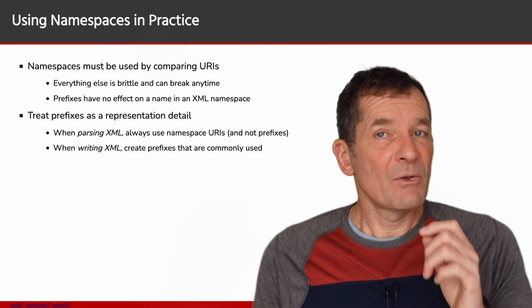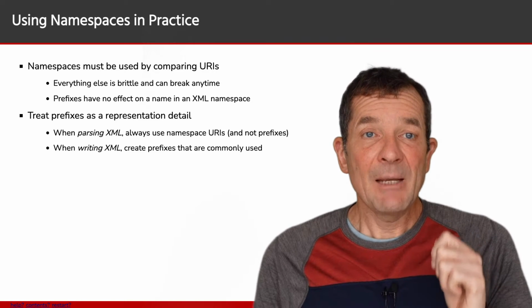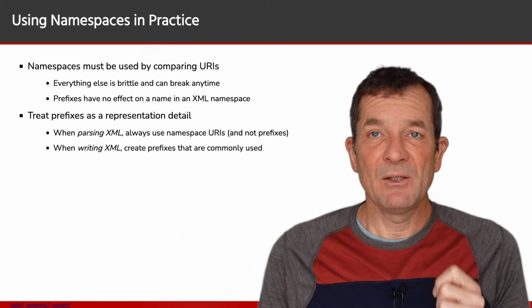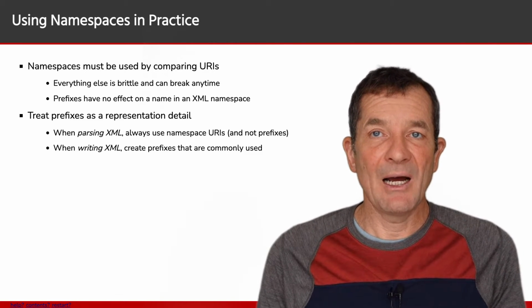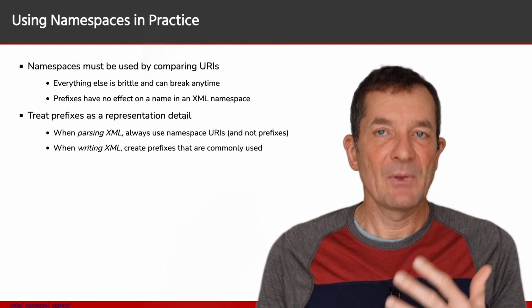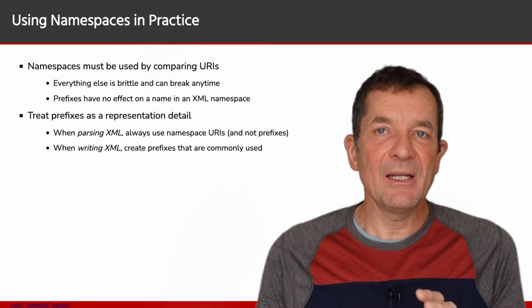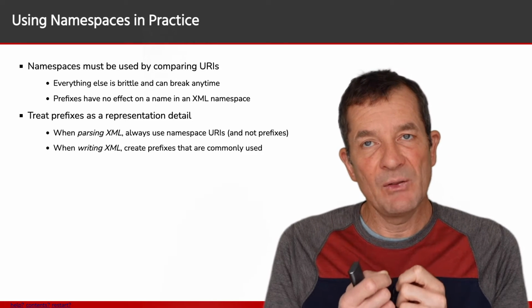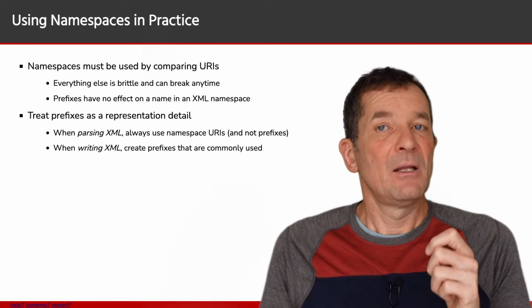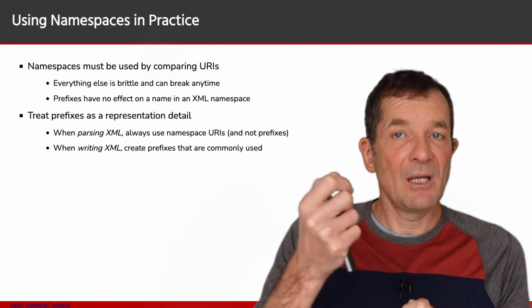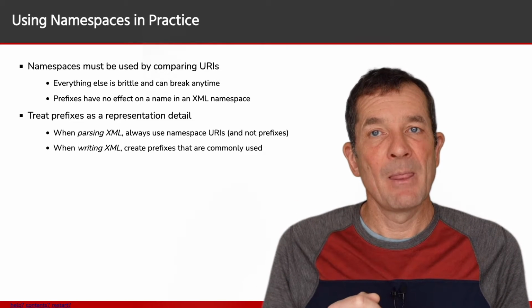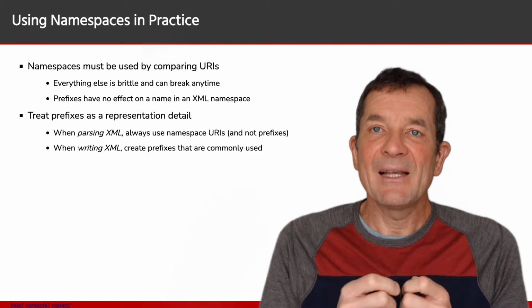And that brings us to the most important point. Namespaces must be used by comparing URIs. So the namespace name, the URI, that's what you have to look for. The prefix really is only a local mechanism in the document to associate the element or attribute name with the declared namespace name. The prefix only has this job.